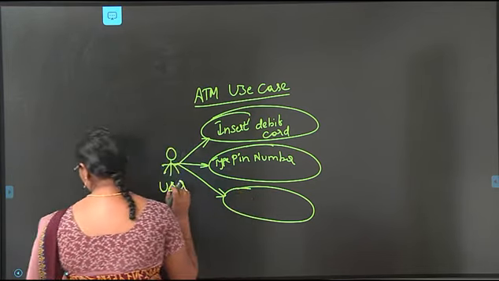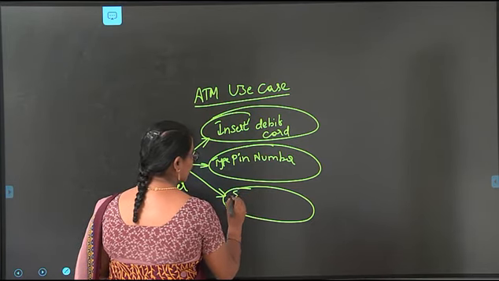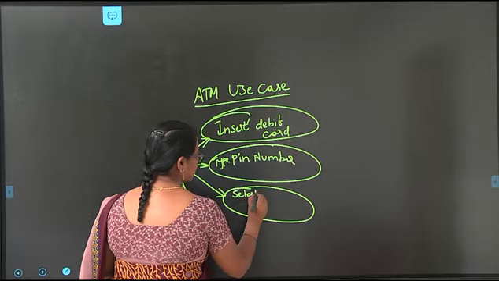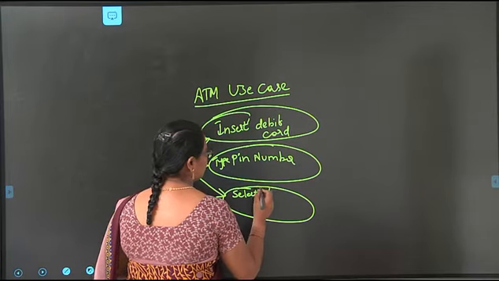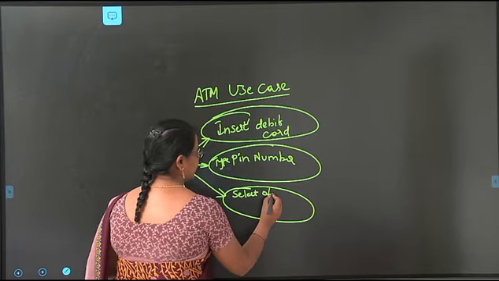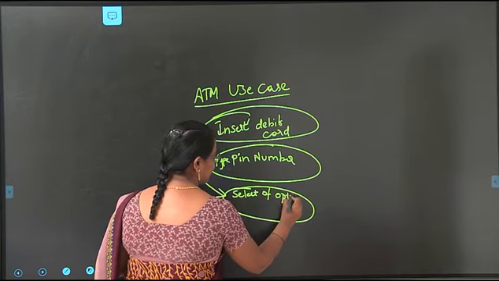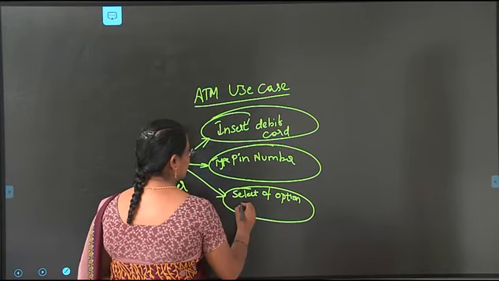Next, after typing the pin number, it will give some options. You have to select an option, whatever the goal or transaction you want to do with the ATM. What option? Whether cash withdrawal or mini statement.